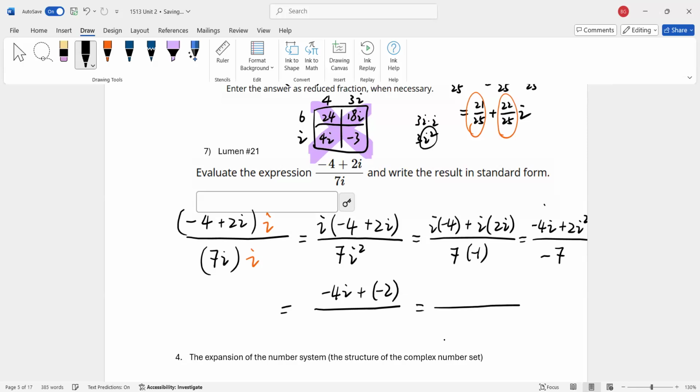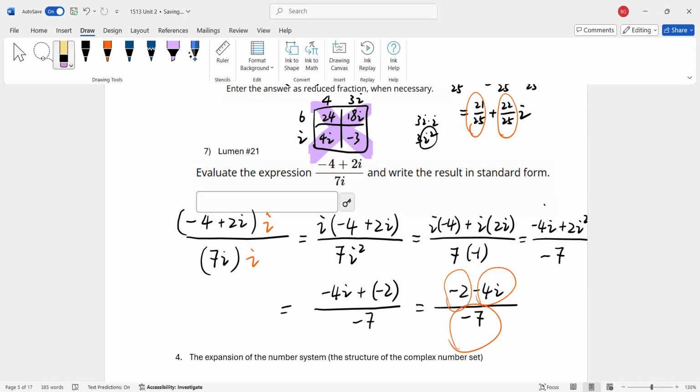So the numerator is -4i minus 2. And we can rewrite the numerator as -2 minus 4i. Denominator is -7. I don't know if I mentioned the Mickey Mouse structure, left ear, right ear, and head, right?